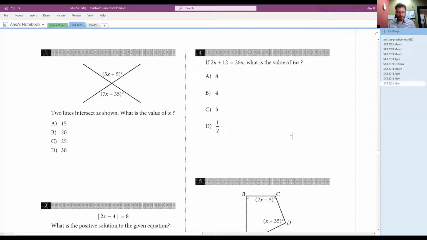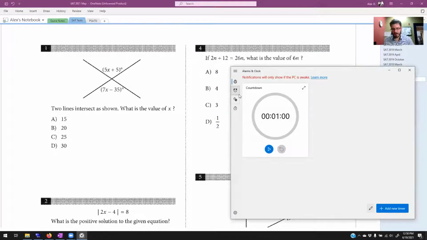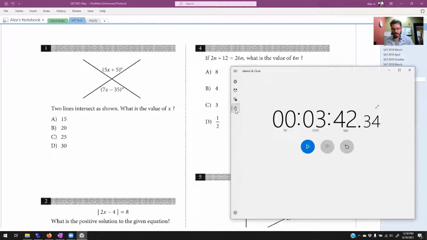Let's go ahead and get one. Let's see how good I can be. I do have an appointment in about 10 minutes, so that's going to give us a cutoff point. But let's go ahead and get started.